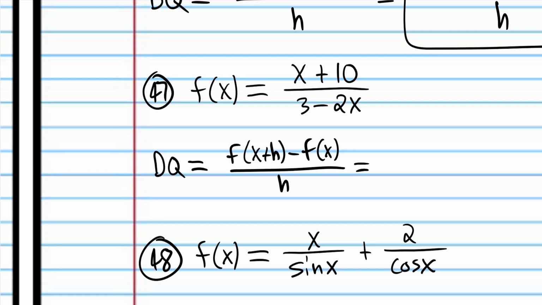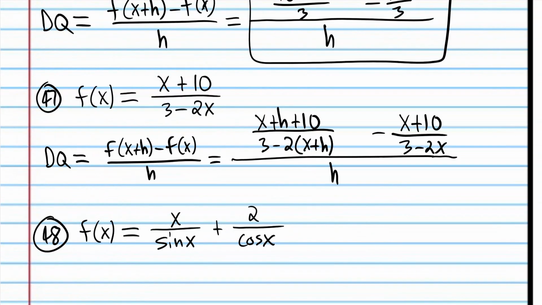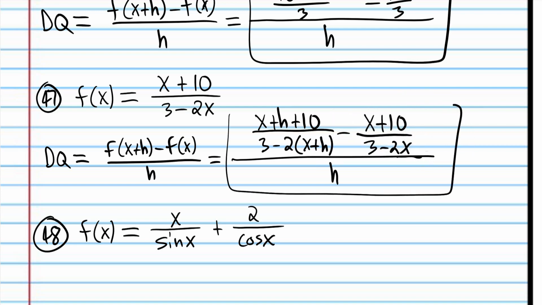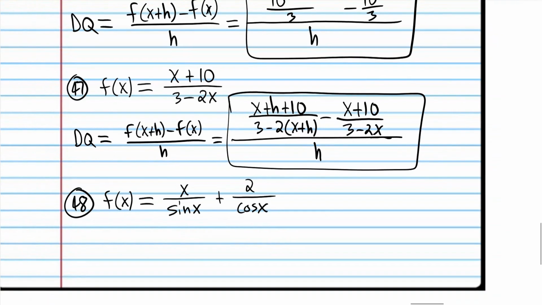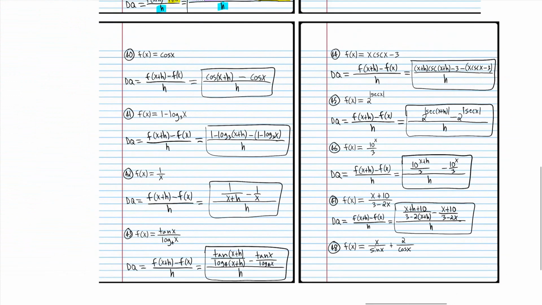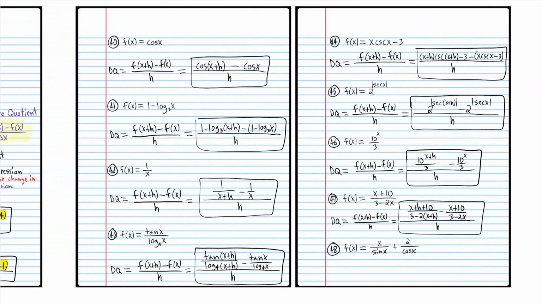It's the same expression again and again. So there you go. You got that right? Excellent. That is the difference quotient. Okay, so go ahead and try number 48. When you come back, we'll do it together.